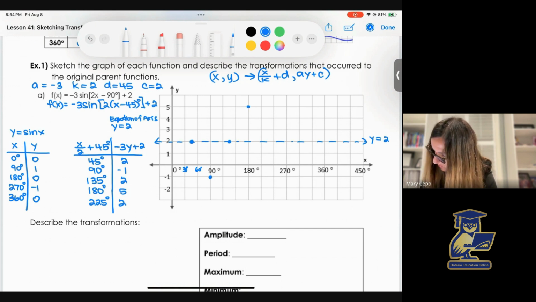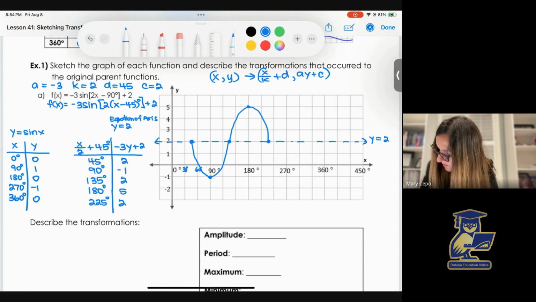And then at 225, we're at 2. Okay, remember it's a nice, smooth curve. And that would be one full cycle of y equals negative 3 sine 2 times (x minus 45 degrees) plus 2.